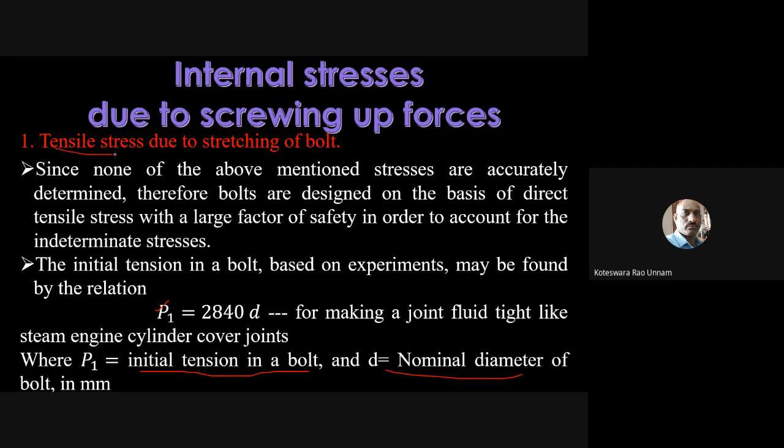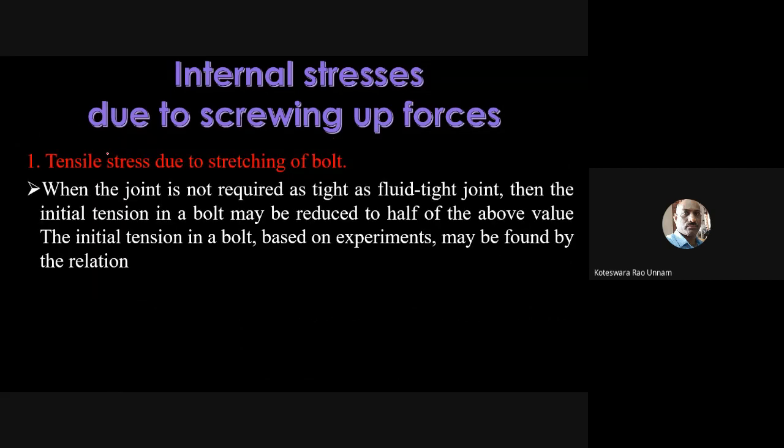When the joint is not required to be as tight as a fluid tight joint, that means for a non-fluid tight joint, the initial tension in a bolt may be reduced to half of the above value. The initial tension in a bolt based on experiments may be found by this relation.